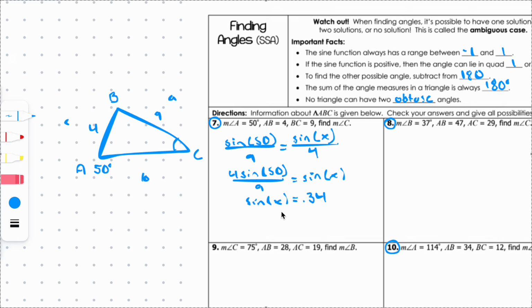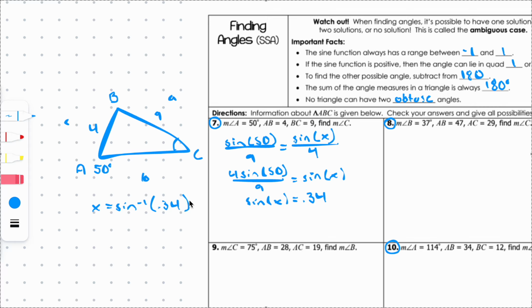And now we find the value of x by taking inverse sine of both sides, so arc sine. You'll see that on your calculator in blue above the sine function. And so essentially we do x equals inverse sine of 0.34.